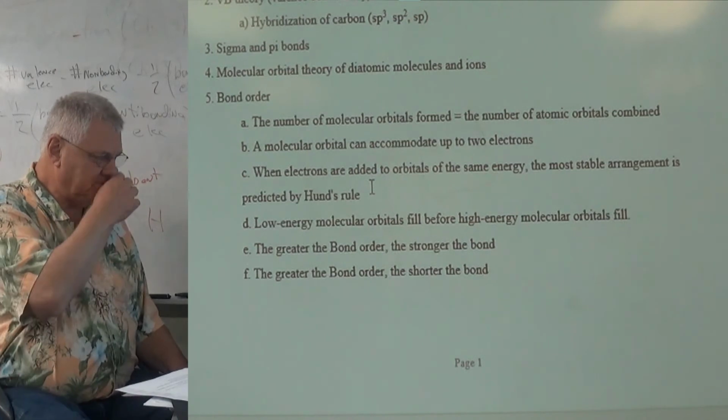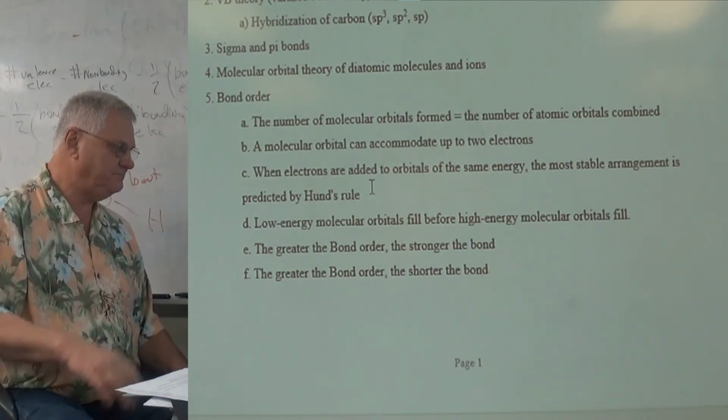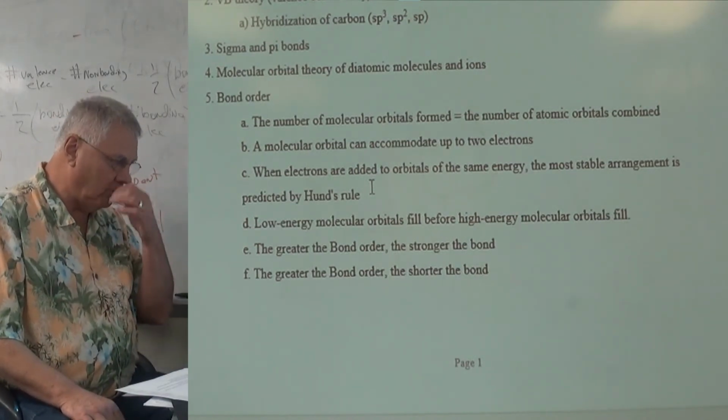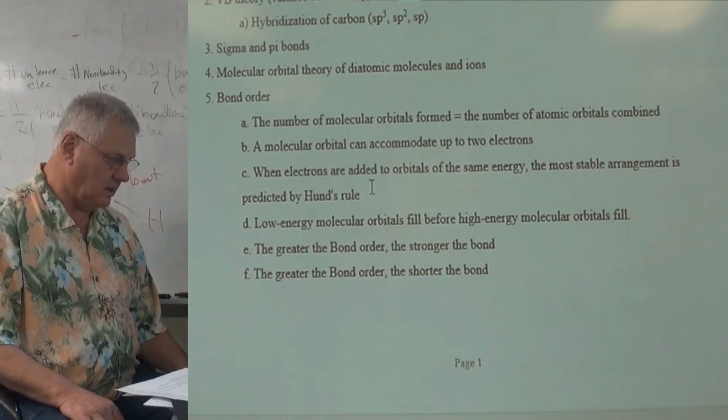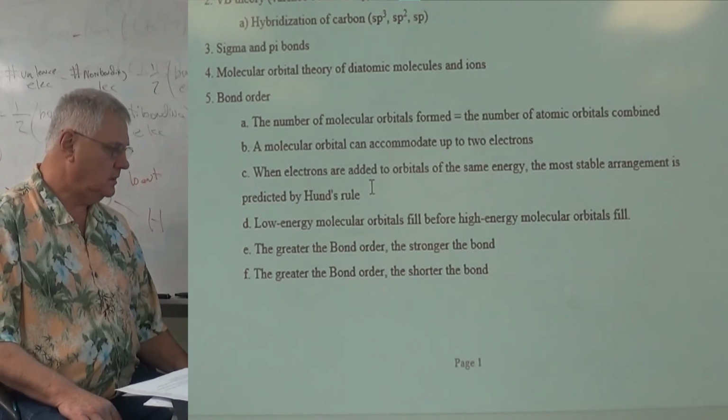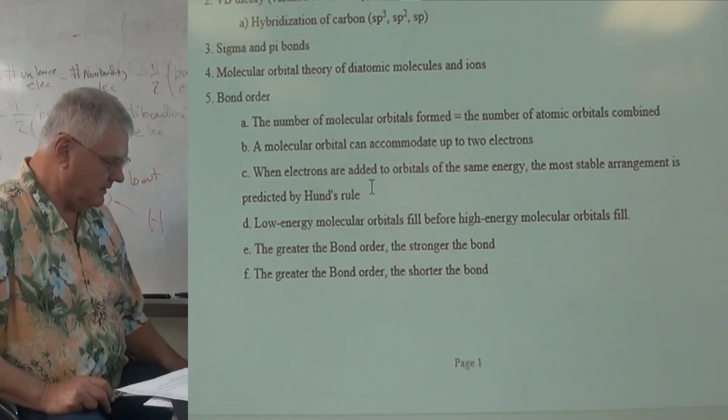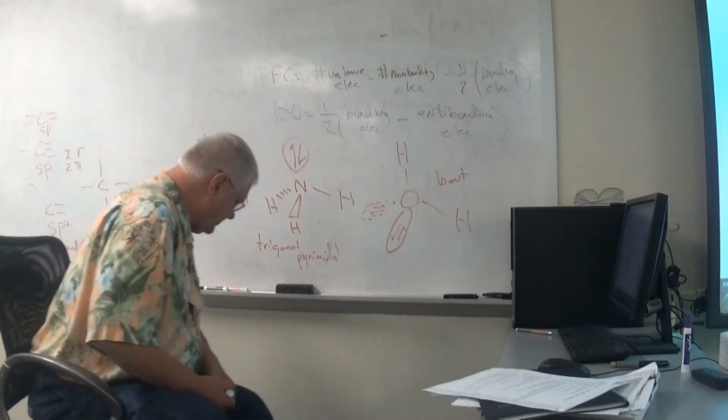I haven't mentioned this before, so please make note of it. The greater the bond order, the stronger the bond. And the greater the bond order, the shorter the bond. And this has been borne out by experiment.